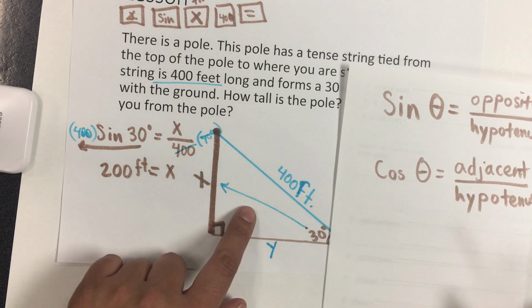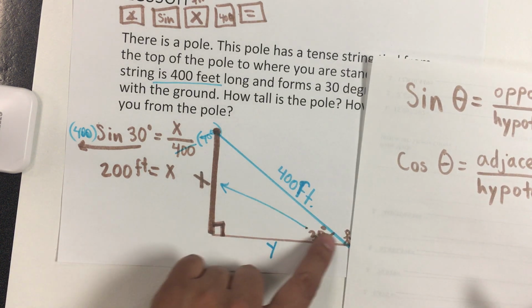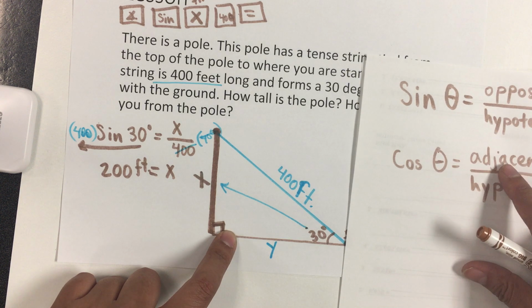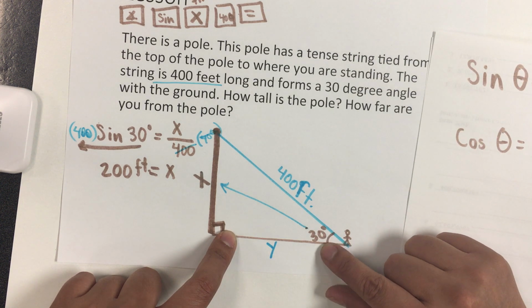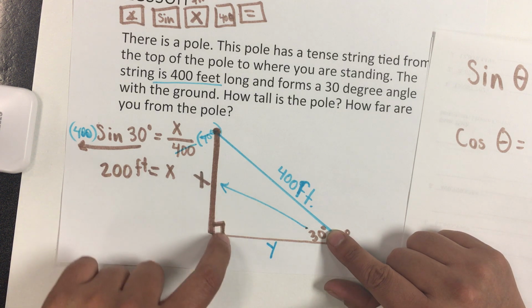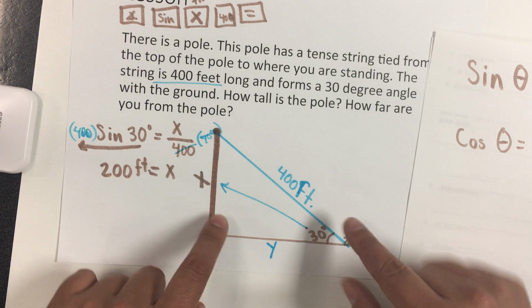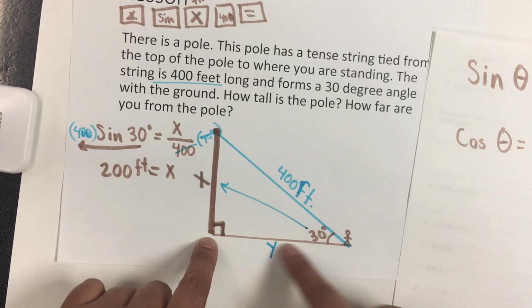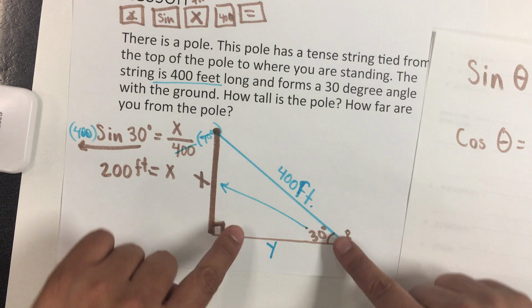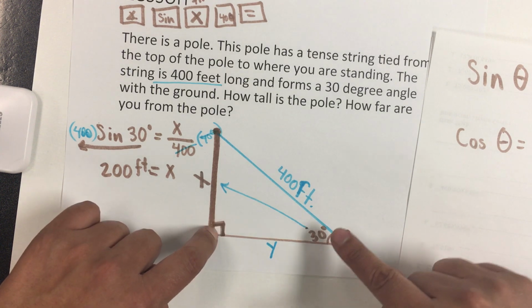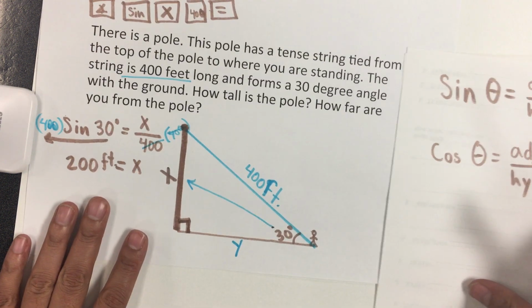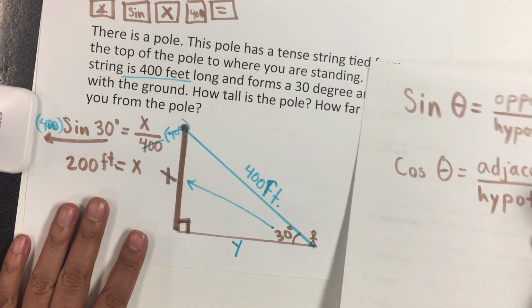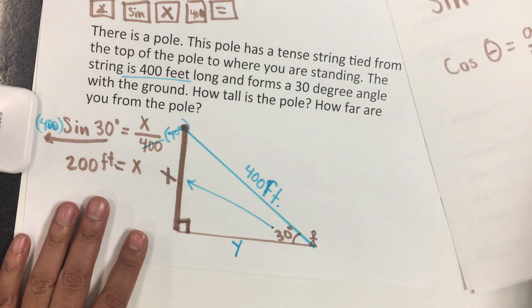And how do I know what the adjacent side is? The adjacent side will always be between the angle that we're using and the right angle. So is that one. So that line, that side that is connecting the two angles, right angle and the angle that you're working with.